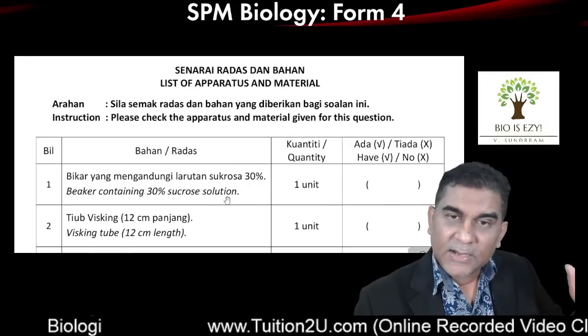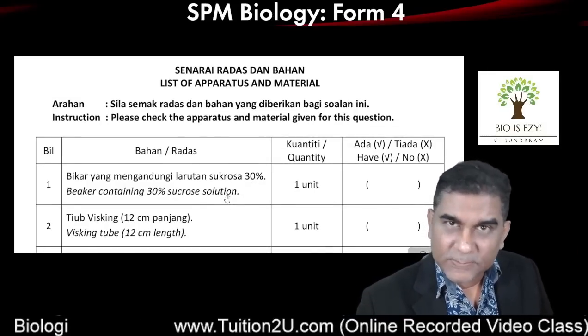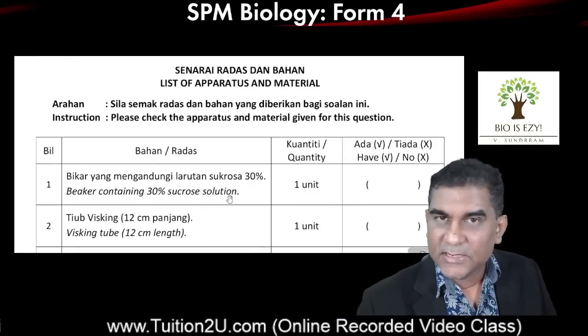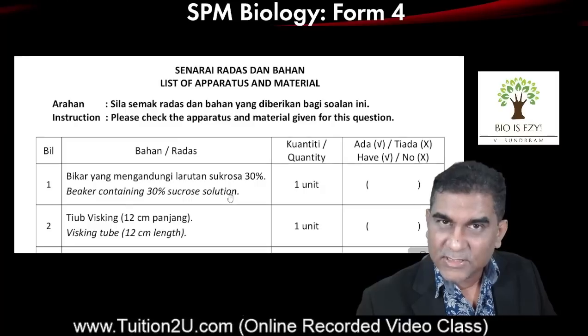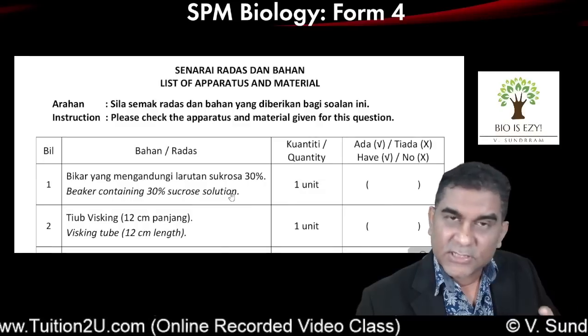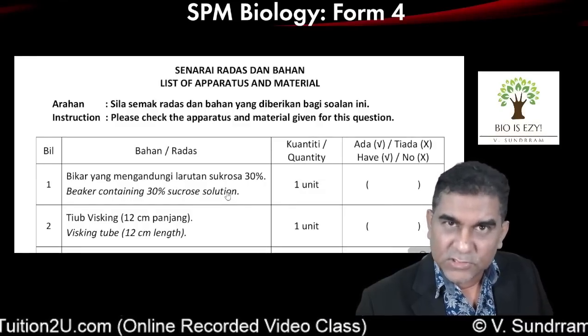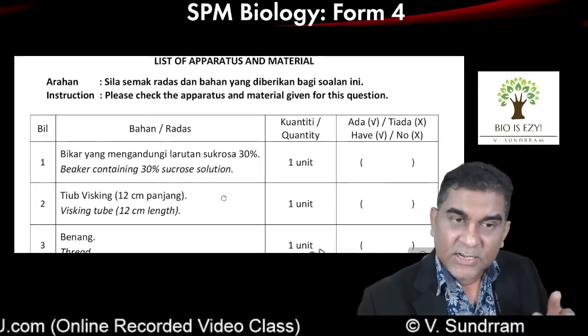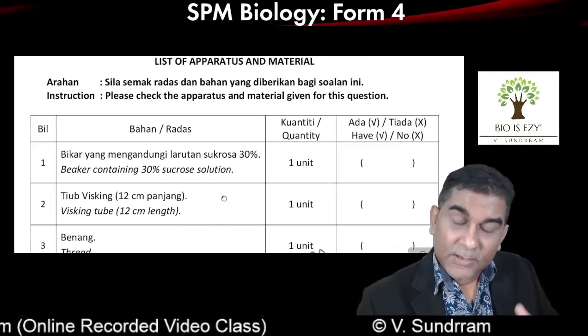Pastikan semua bahan dan radas yang diperlukan untuk eksperimen ada di hadapan kamu. If there's any mechanical devices, alat-alat yang mechanical macam jam randik dan sebagainya, test dia atau cuba dia untuk pastikan dia berfungsi. Anything that is mechanical.